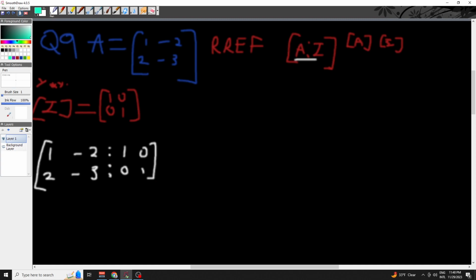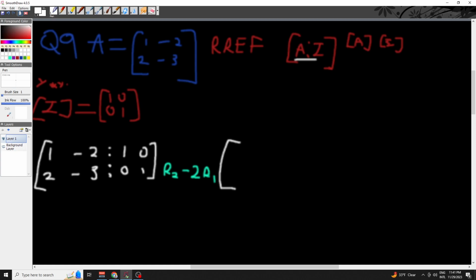So let's begin. In order to get the bottom row situated almost right away, we're gonna do row 2, the row we want to modify, minus 2 row 1. What that does is we take row 2 minus 2 row 1.